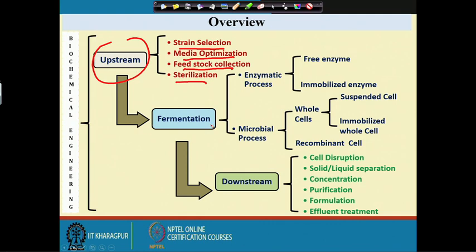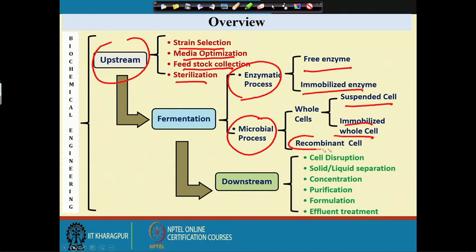Then in the fermentation or biochemical processes that involve the enzymatic process and the microbial process. In the enzymatic process we have free enzyme and immobilized enzyme, and in the microbial process we have suspended cell and the immobilized whole cell. And also we use the recombinant cells. So suppose we want to produce a special type of protein, then we go for the recombinant.